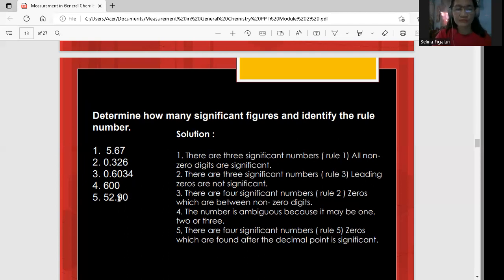So there are 4 significant figures because this 0 is found after the decimal point. Okay, so kung meron ditong 0 after 5.67, so 5.670, there are 4 significant figures because the 0 is found after the decimal point. So that is under the rule 5.